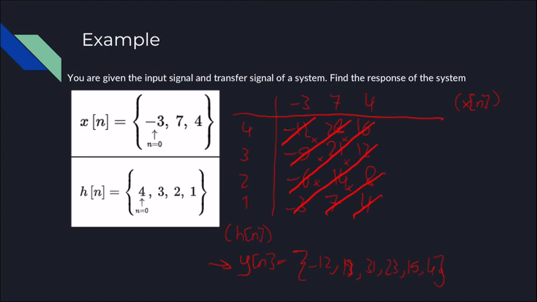For this particular case, it's going to be negative 12. As we see here, when n equals 0, the input is negative 3 and the transfer value is 4. And when we multiply these two numbers, we get negative 12. And this is our value for when n equals 0.